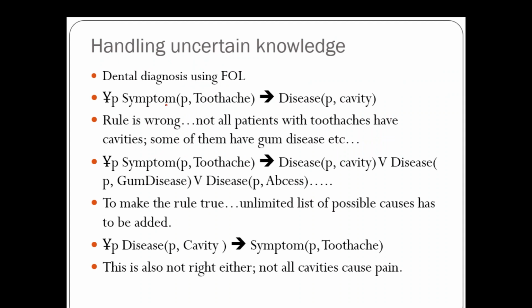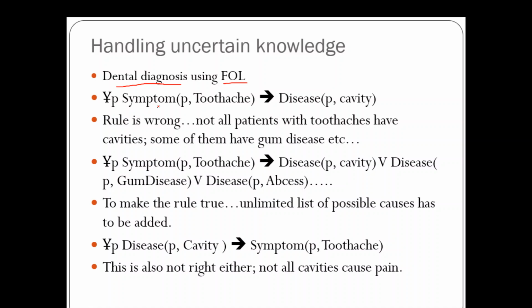So this is a brief introduction to dealing with uncertainty. Now let us discuss some more examples. Let us consider the example of performing dental diagnosis, representing dental diagnosis using FOL, first order logic. Say that we are representing something like this.